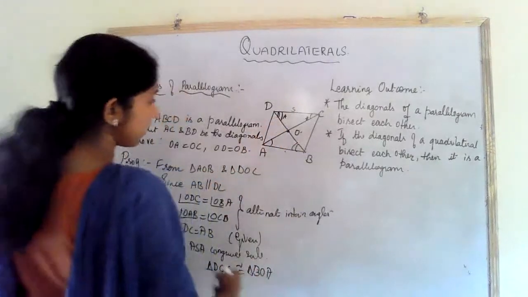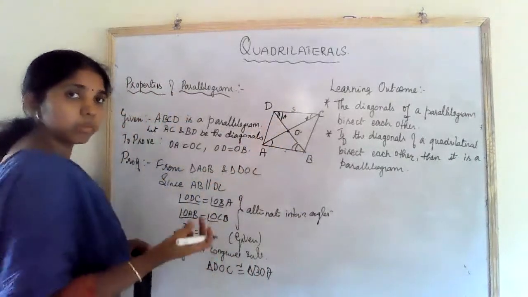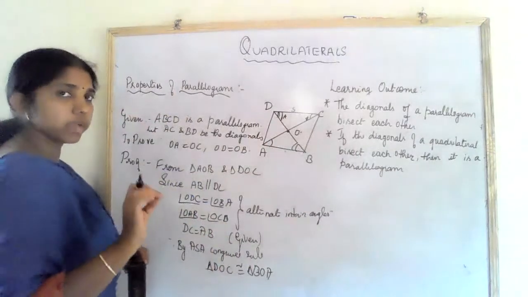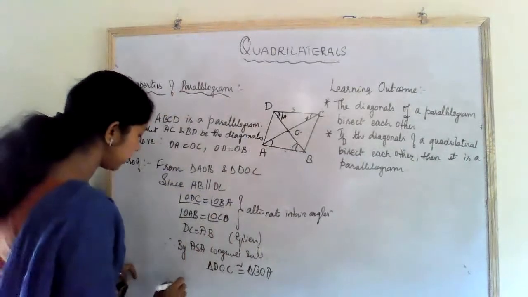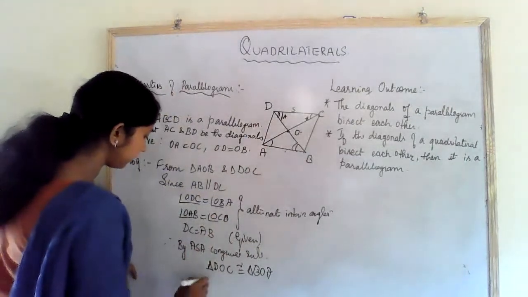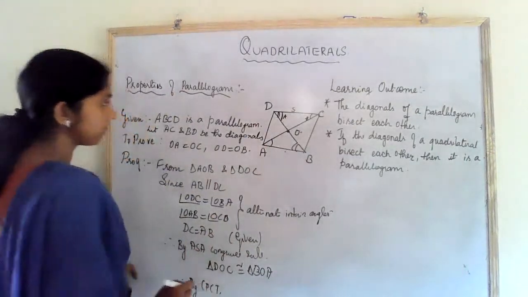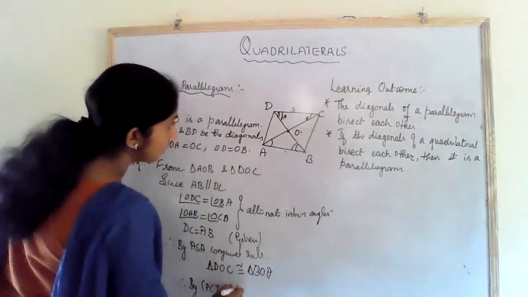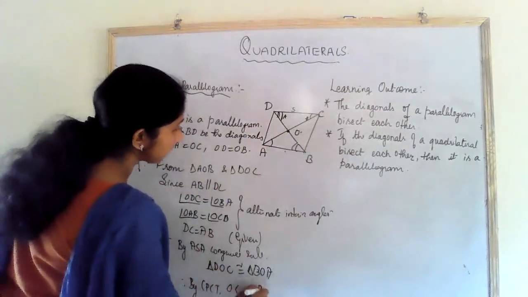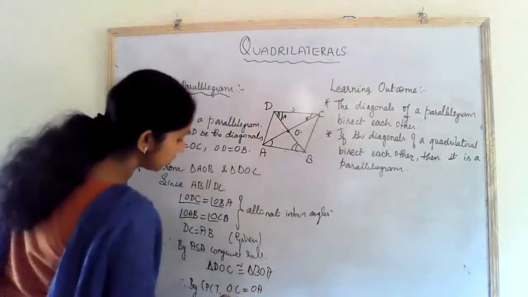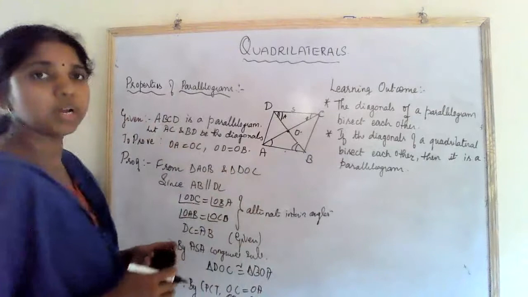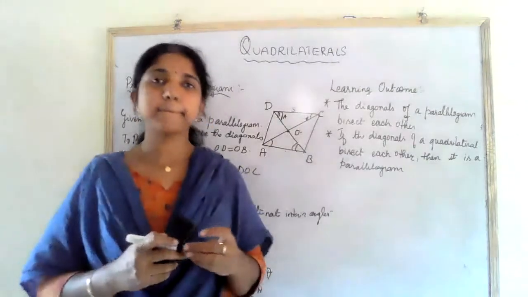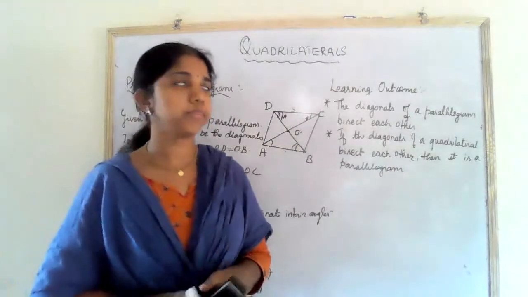When talking about congruency, the corresponding angles should be equal. So BOA. Therefore, by CPCT, we can say that OC is equal to OA and OB is equal to OD. That means the diagonals of a parallelogram bisect each other.